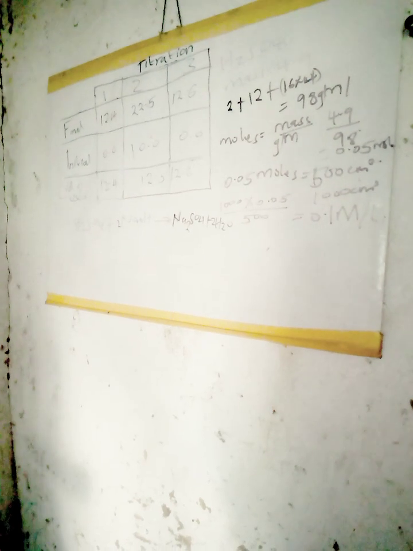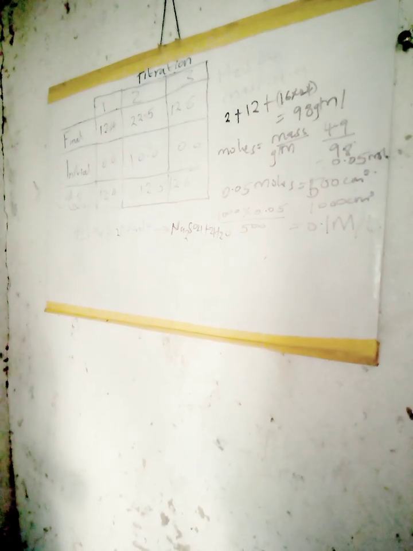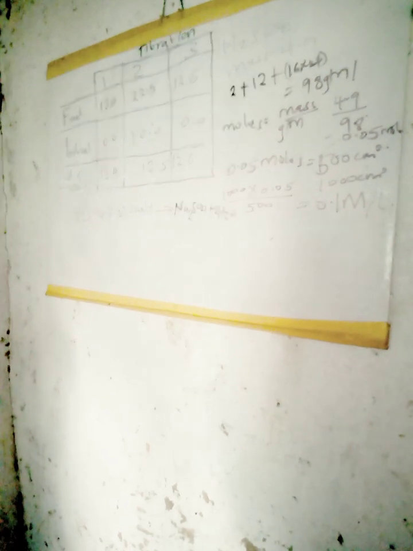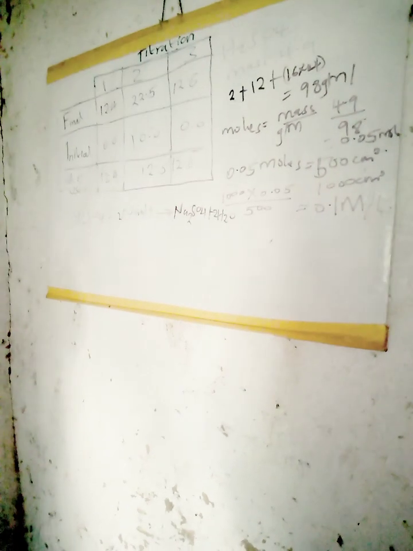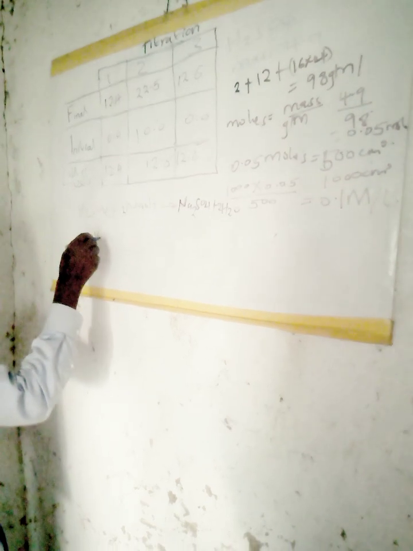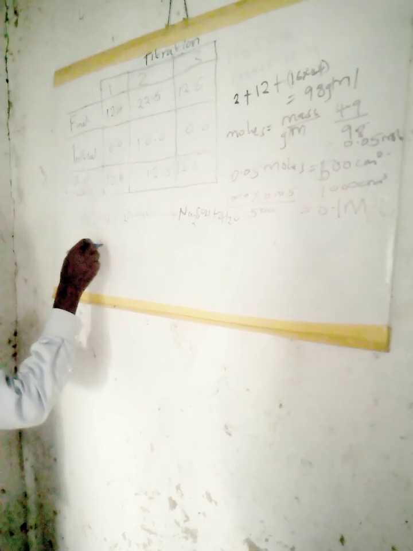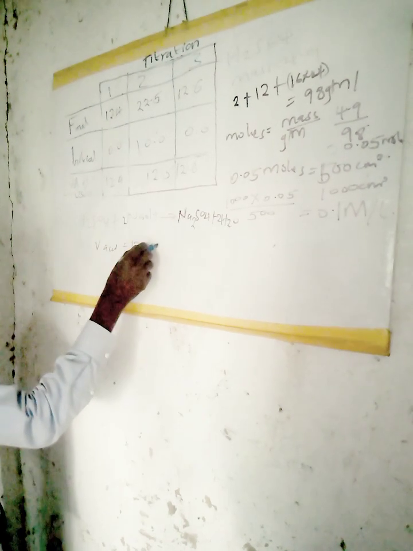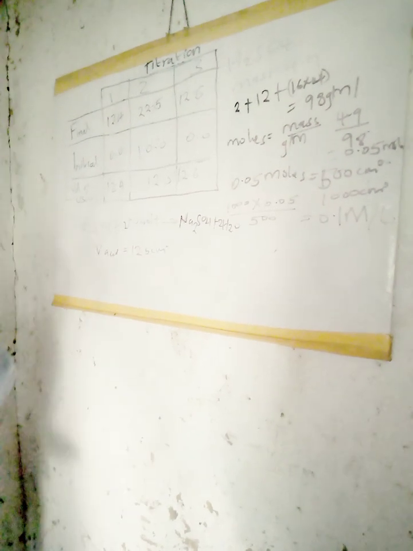So in our case here, we have the molarity, and we have the volume, the average titer, that is now the volume of the acid. The average titer is 12.5 centimeter cubic.